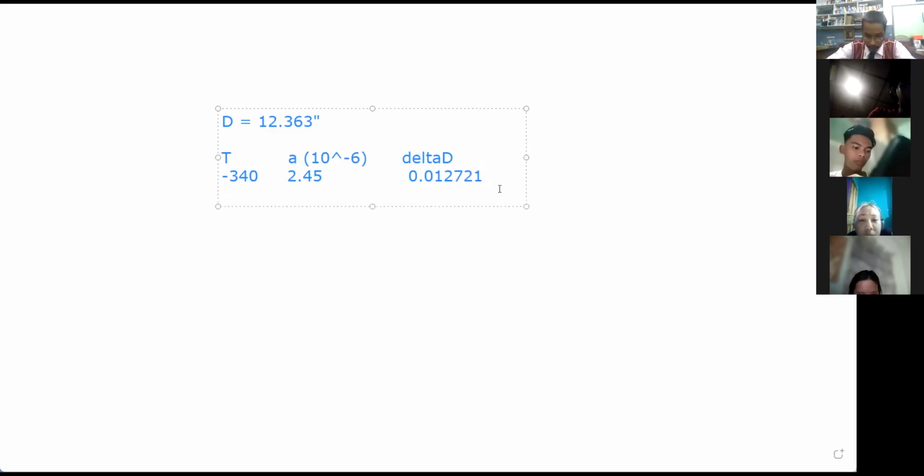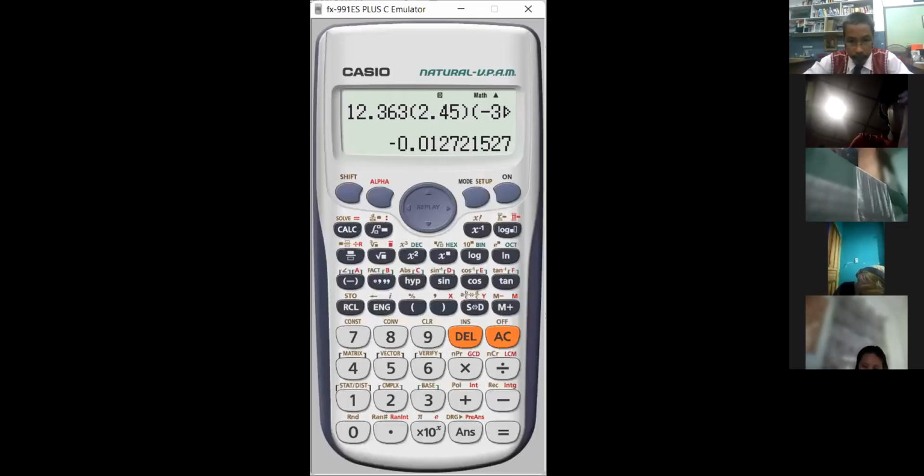Okay, what's next? Negative 300. Okay, what is negative 300? 3.07. So what is our delta? So let's compute. Use your calculator. If you have your calculator at hand, you don't need to do it all again.